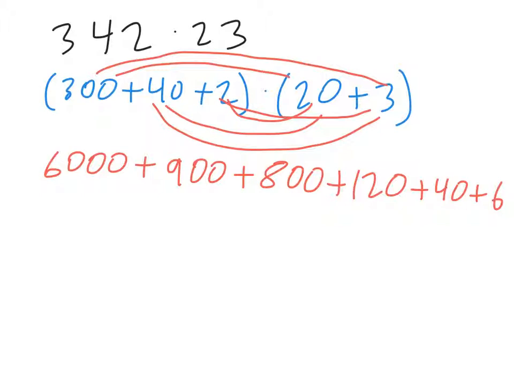So then add them all up. Let's just add up the things that have the same amount of zeros first. And say 6,000 plus, and then add these two. 900 plus 800 is 1,700.